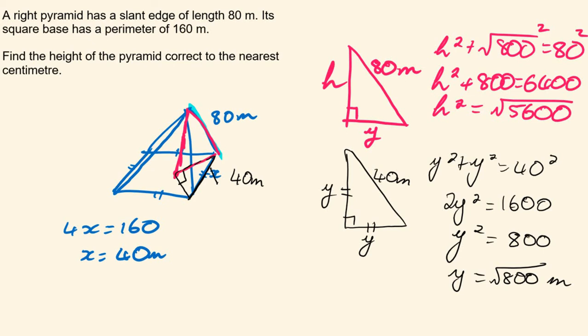So h squared is equal to 5600, and h to the nearest centimetre is 74.83 metres. This, of course, being the centimetres place within that solution.